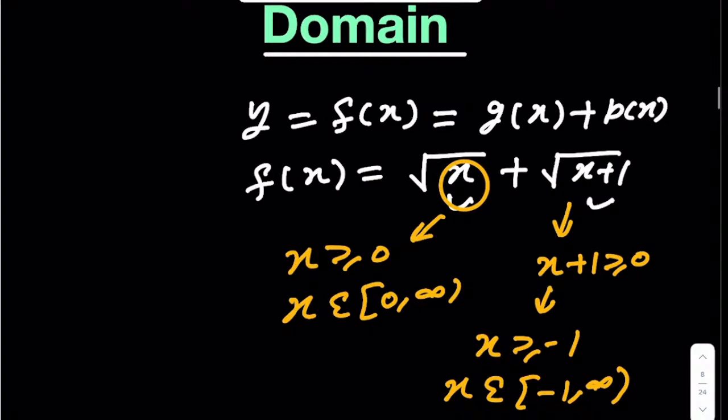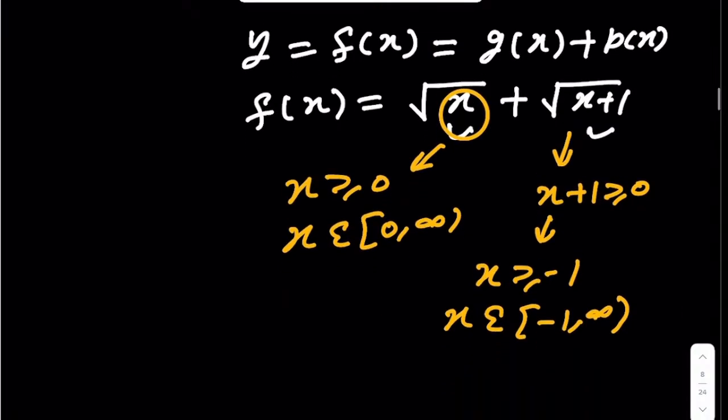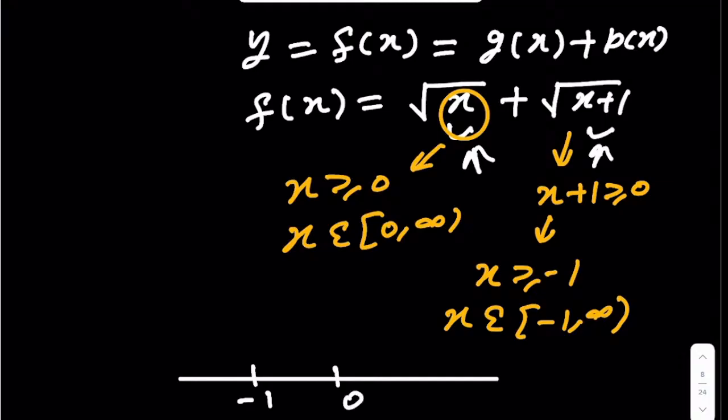After that, if you see, the actual definition says for which value of x both functions, this one and this one, are defined. So we are using the line curve method. According to the line curve method, here minus 1 and here 0, here plus 1.